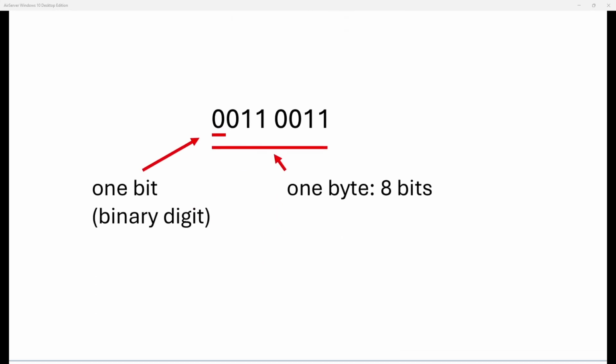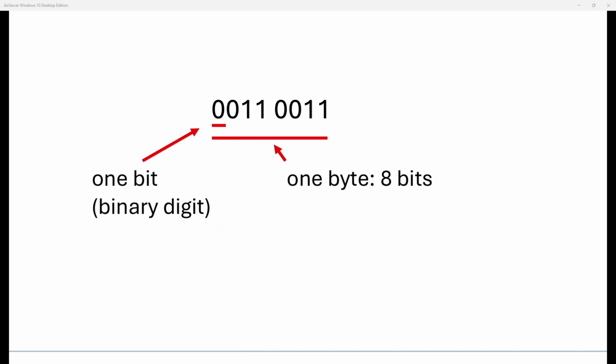Let's go on. So one binary digit is called a bit, and that bit is short for binary digit. And 8 bits is 1 byte. And in the olden days, 1 byte was the smallest addressable unit you can have as a word.